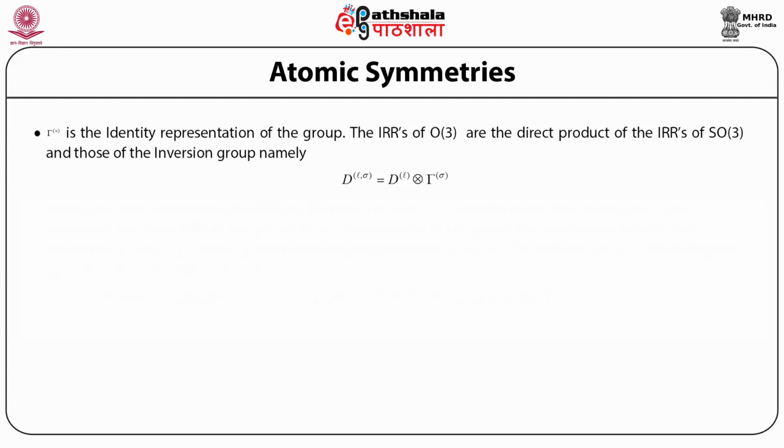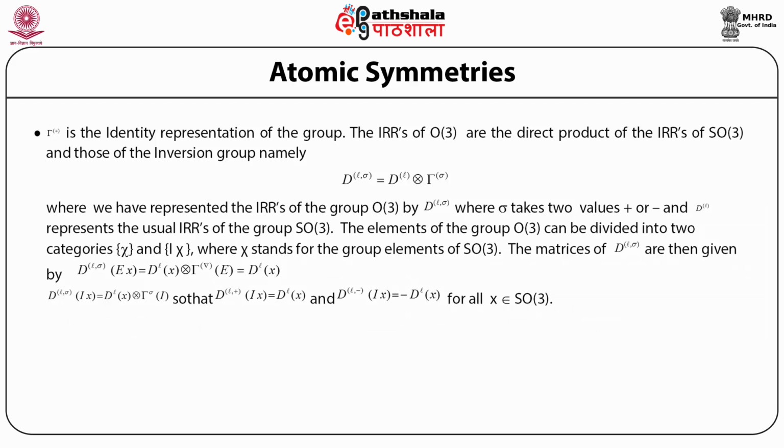The irreducible representations of O3 are thus the direct product of the irreducible representations of SO3 and those of the inversion group, namely the representations themselves. D_l sigma, being the representation of the group O3, is equal to the direct product of the representation D_l of the group SO3 with the representation gamma sigma, which is the irreducible representation of the inversion group, where we have represented the irreducible representation of the group O3 by D_l sigma.